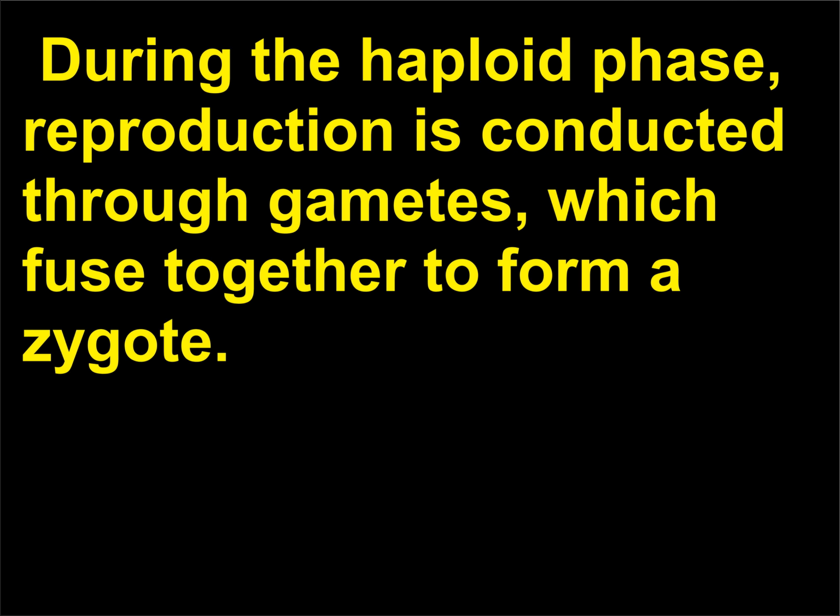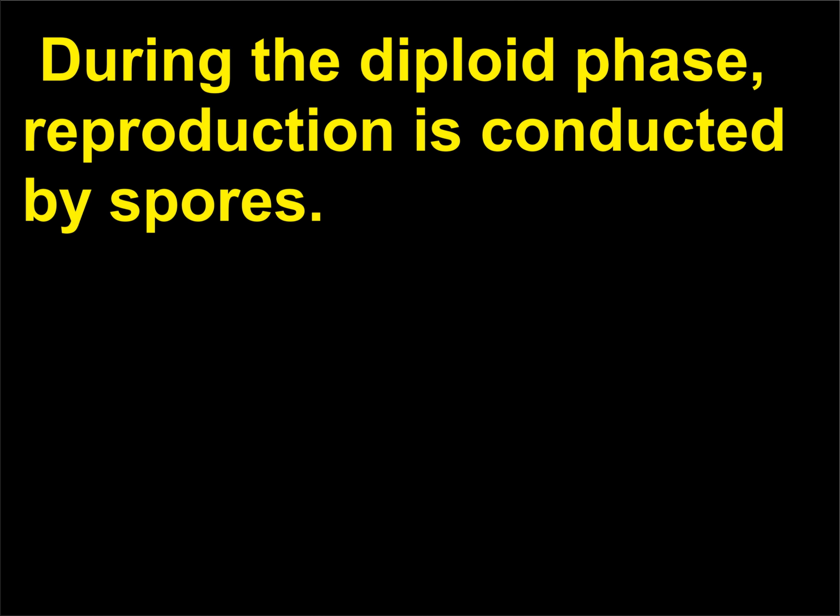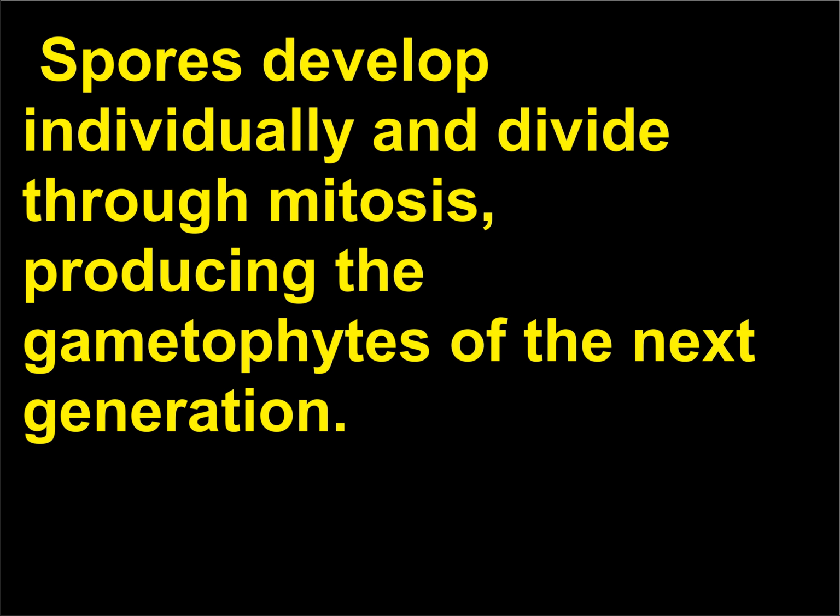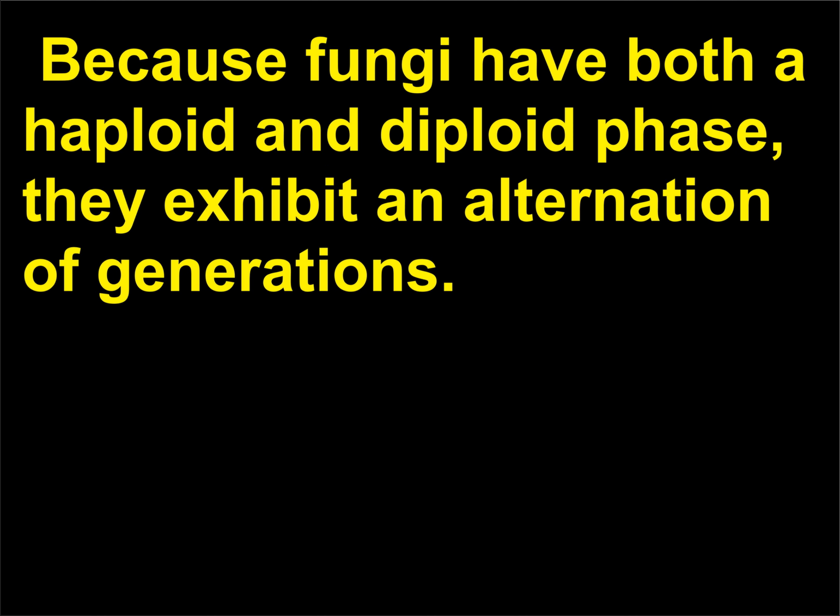During the haploid phase, reproduction is conducted through gametes, which fuse together to form a zygote. During the diploid phase, reproduction is conducted by spores. Spores develop individually and divide through mitosis, producing the gametophytes of the next generation. Because fungi have both a haploid and diploid phase, they exhibit an alternation of generations.